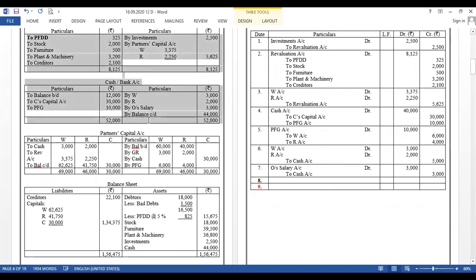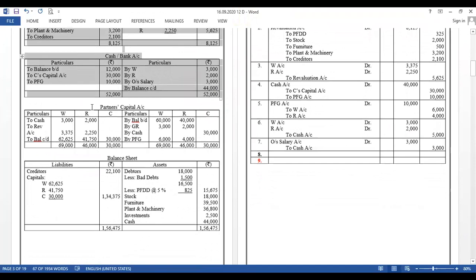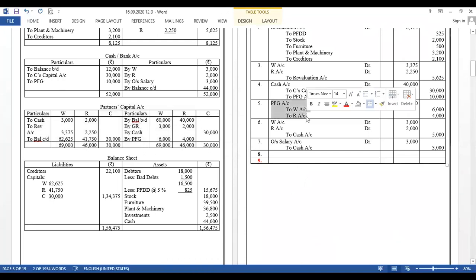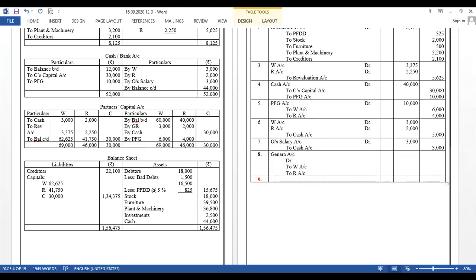There will be no entry for opening and closing balance. After that, partners capital account. Let us check that and find if any amount is there from partners capital account. There will be no entry for balance. General reserve, we can see that that was distributed amongst W and R. So let us write that entry as well. Let me copy this for general reserve. General reserve account will be debited to W and R account.